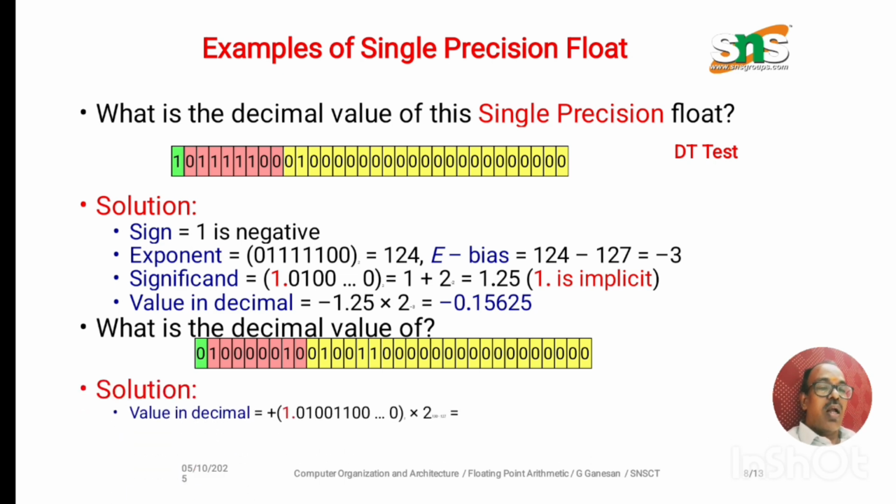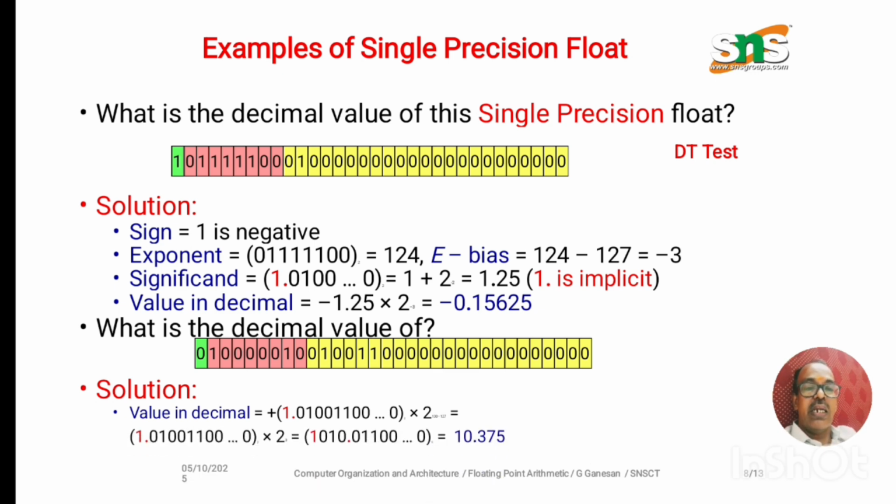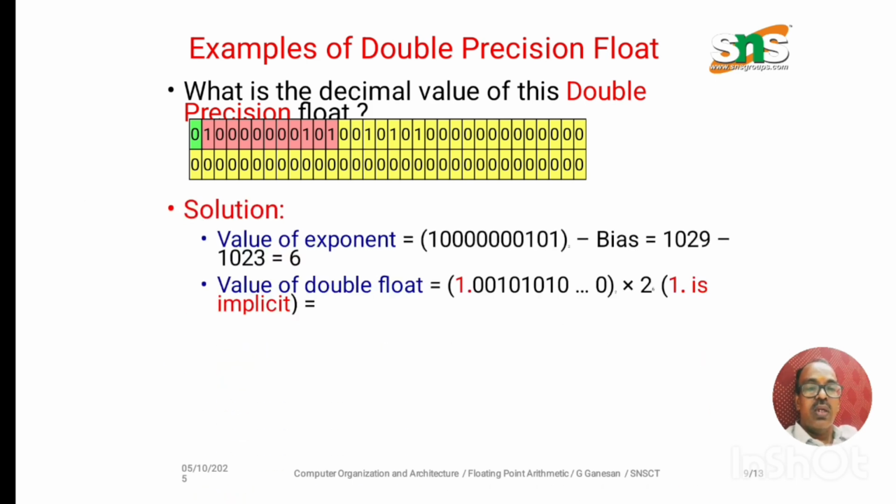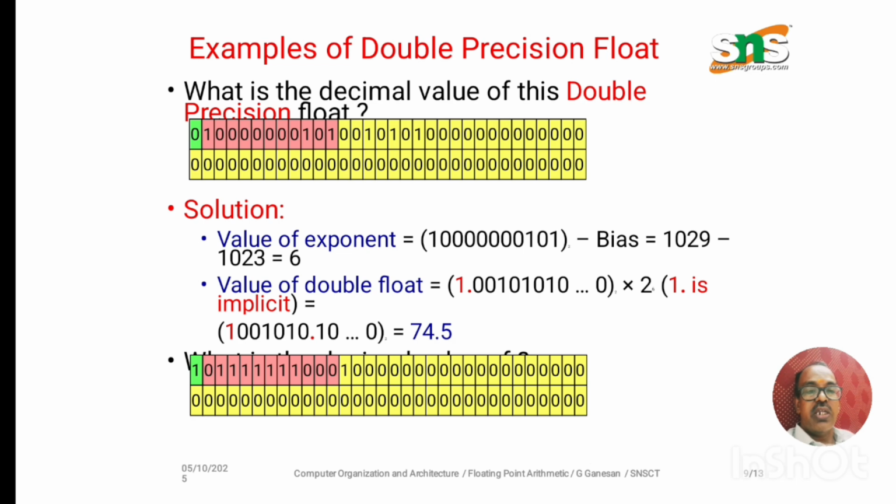754 floating point numbers are of two types. One is 754 32-bit single precision, then double precision. The single precision numbers use only 32 bits. The double precision numbers use 64 bits.